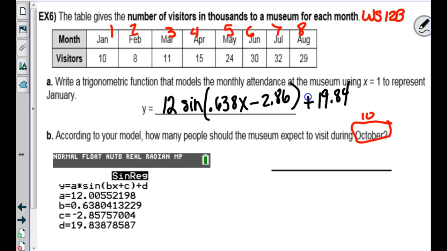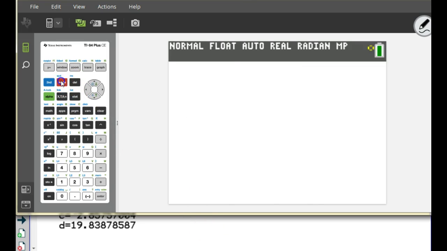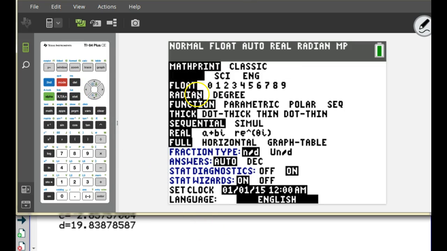On the quiz, hopefully I told you what to round to, but the bottom line is if you store it and use all the decimal places, we should all get the same answer here. But you have to be in radians, okay? It doesn't matter until now what mode you were in. You'll get the same bunch of gobbledygook here, but when you plug it back in and it actually takes the sine, that's when it needs to be in radians. So mode, make sure you're in radians.